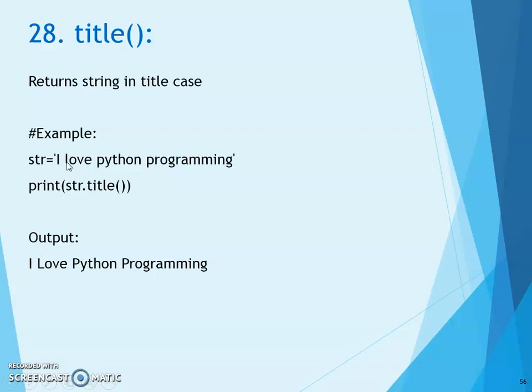From this word, the first character is L, so it will be converted into uppercase. From this word, P is the first character, so it will be converted into uppercase. And from the next word, programming, the first character is P, so it will be converted into uppercase. So this title method returns us a string with a title case.